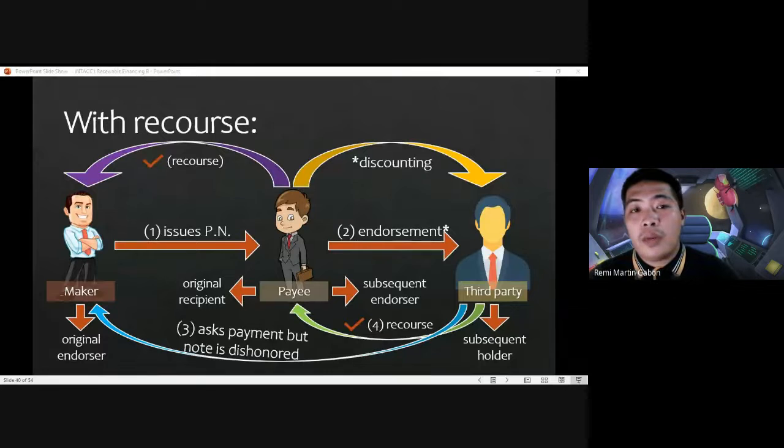A law subject will discuss the promissory note, because the promissory note is under the law that discusses negotiable instruments. Promissory note is a negotiable instrument. But nonetheless, we move forward.